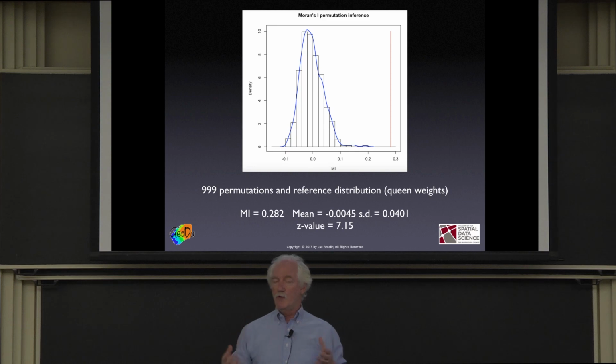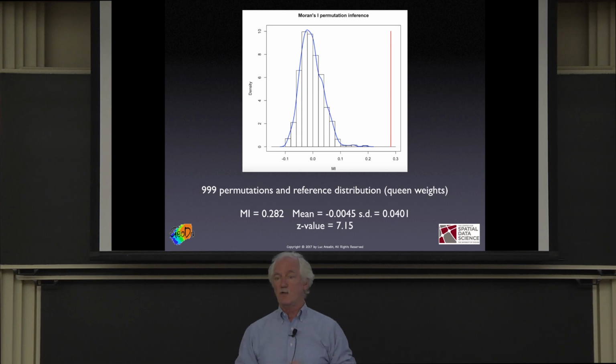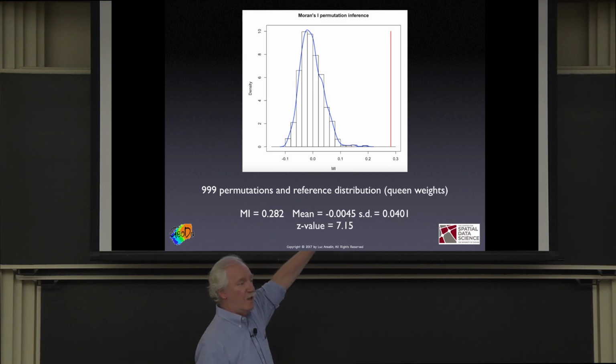It looks like a real p-value, but it isn't because it's based on computation. So what we do is we compare the red line, which is the value of the statistic in our actual data set, to the distribution. We count the number of times one of our replicated values is equal to or larger than the red line. In our case, 0, right?